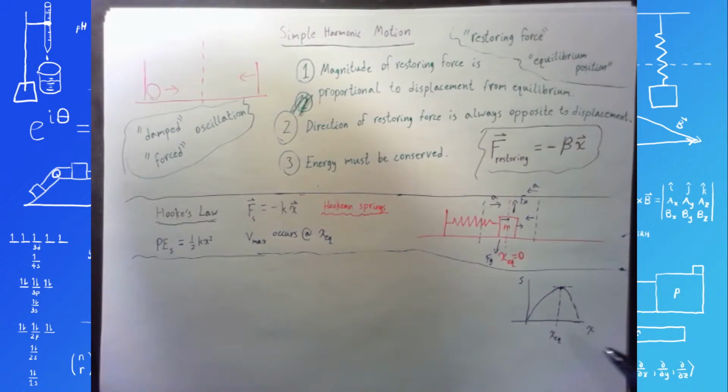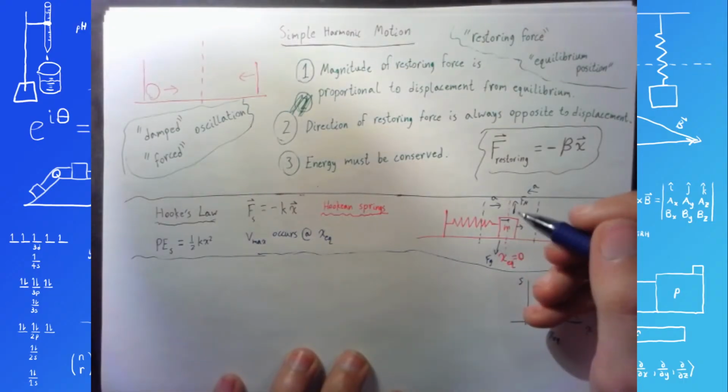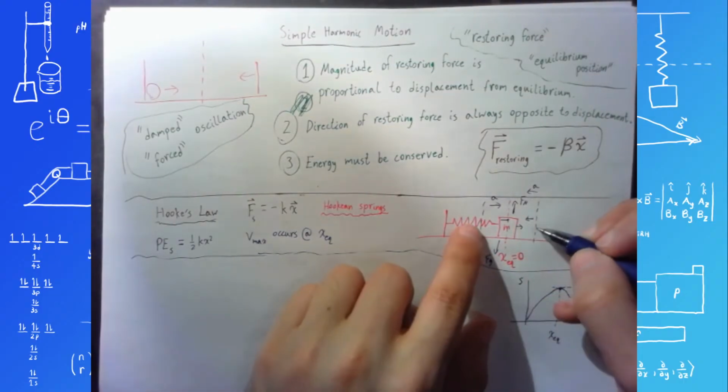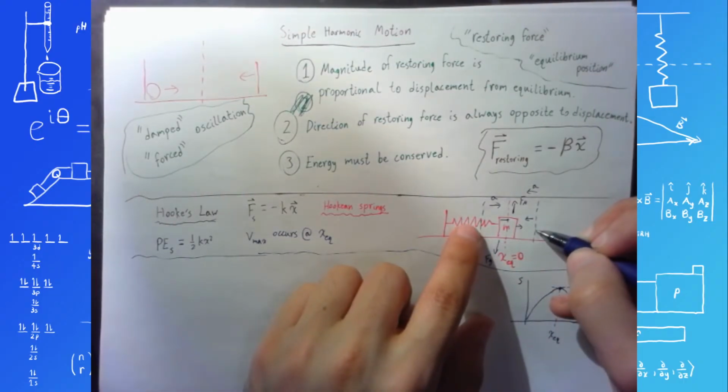Perhaps that reasoning wasn't very convincing to you. Okay, we can look at it another way. We can look at it in terms of conservation of energy. When the object is at one of these two blue lines, that is the farthest it will stretch.